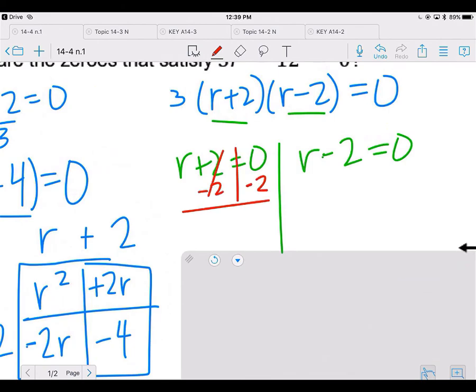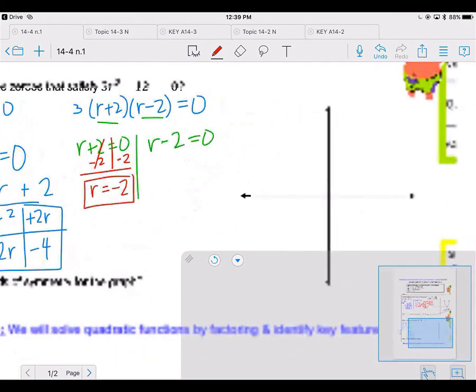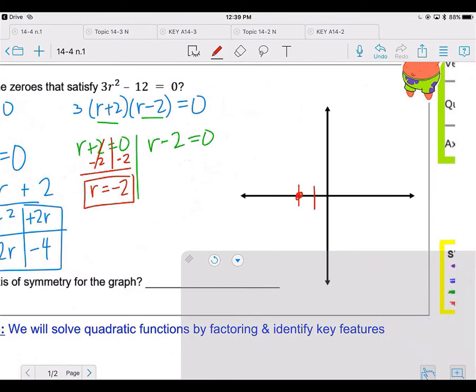I move the 2 through the opposite operation, and one of my solutions is at negative 2. So I'll draw 2 tick marks, and I have a solution at negative 2. And then my other factor was r minus 2, so I add 2 to both sides. So my other solution is at a positive 2.